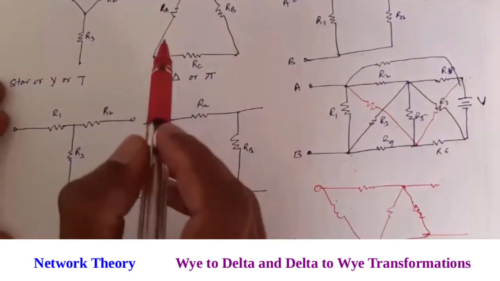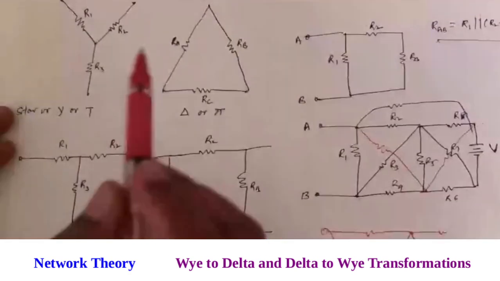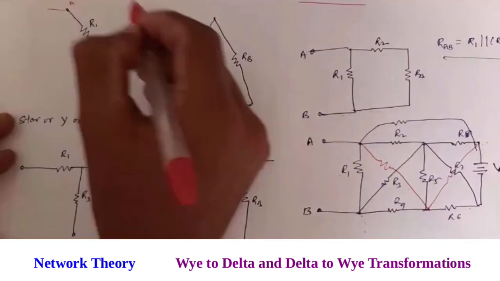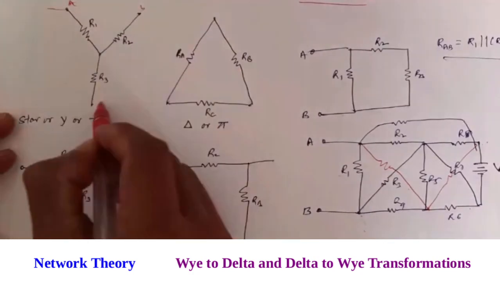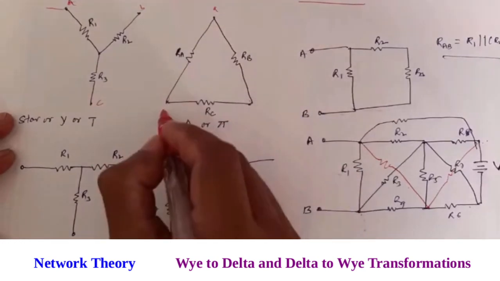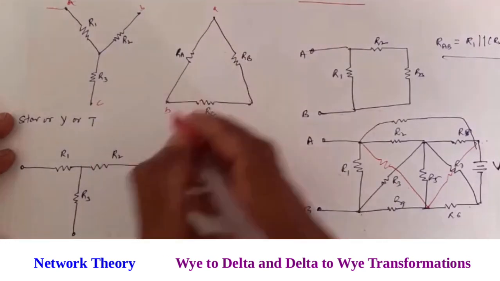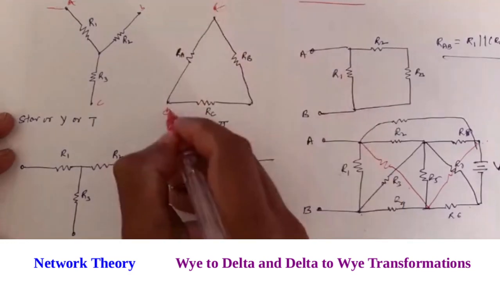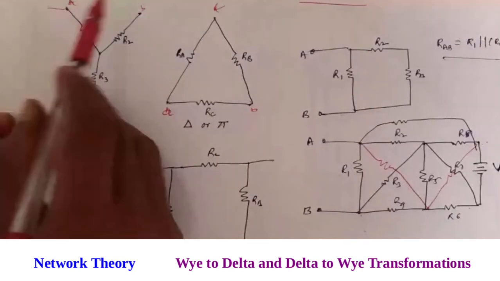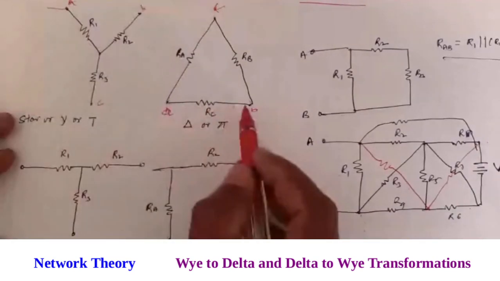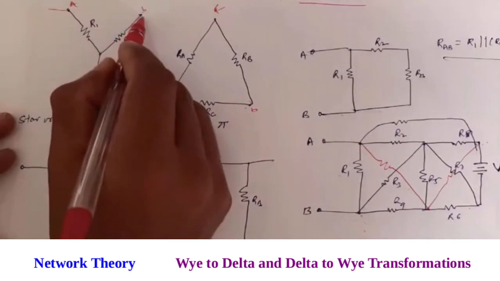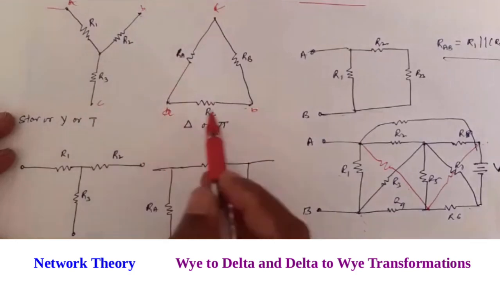If we want to say any two networks are equivalent between any two terminals, I call this A, this is B, this is C. Like these two terminals A and B, whatever the resistance I get between A and B here, the same resistance I should get between A and B here.